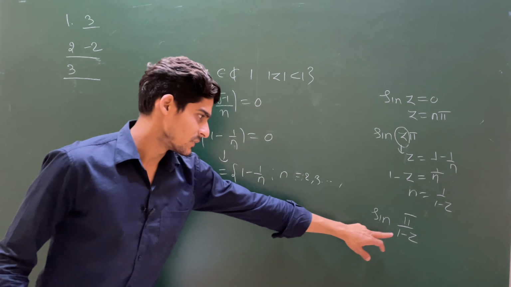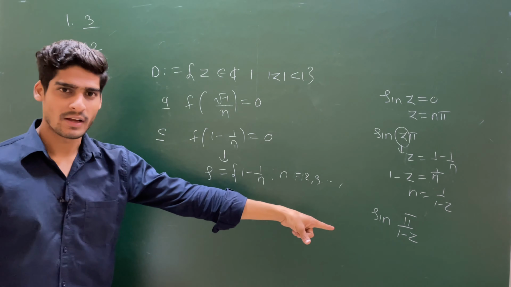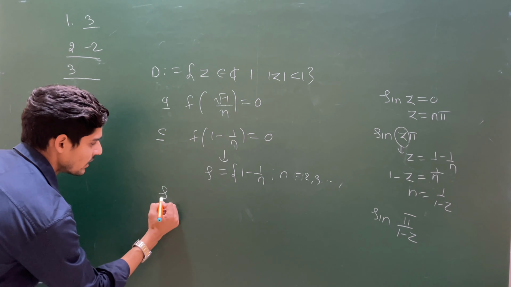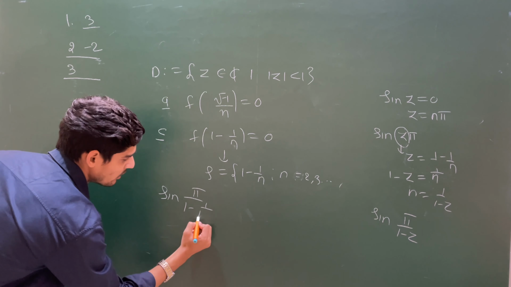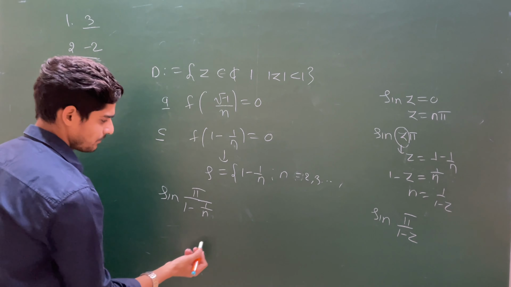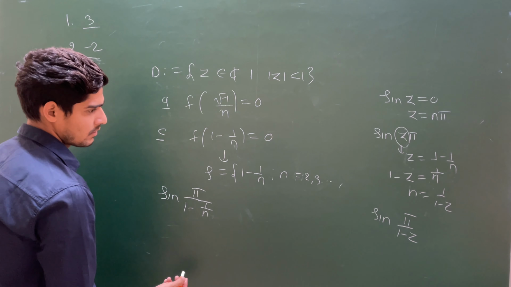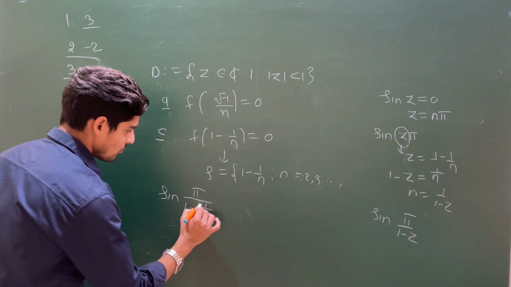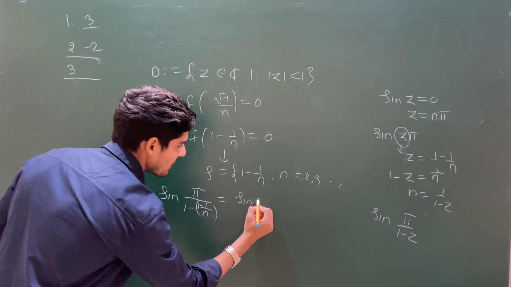It has zeros at the 1 minus 1 by n points, which you can easily verify. If I choose z to be 1 minus 1 by n, then you will have sine pi upon 1 minus z, which is sine n pi.